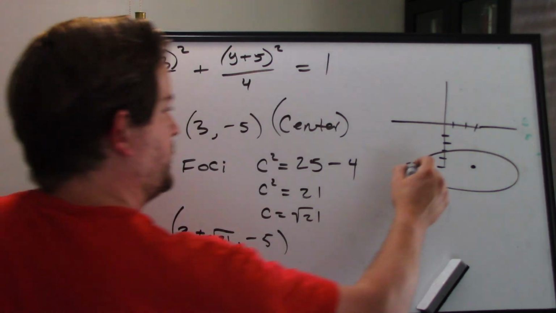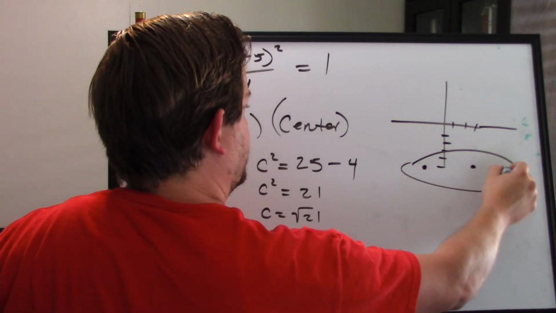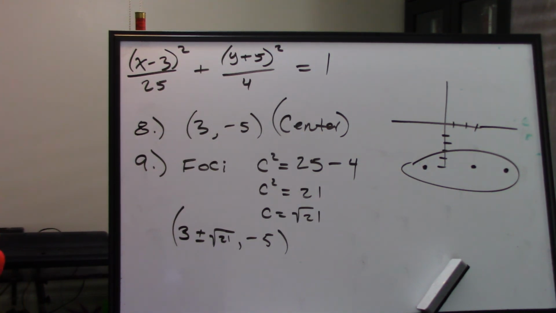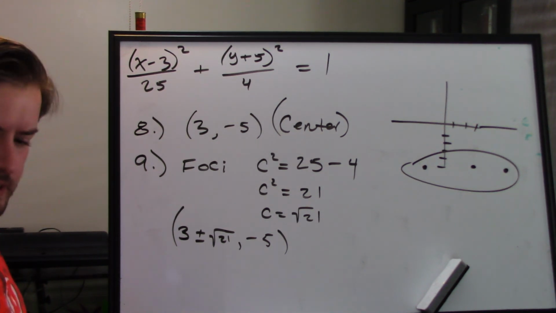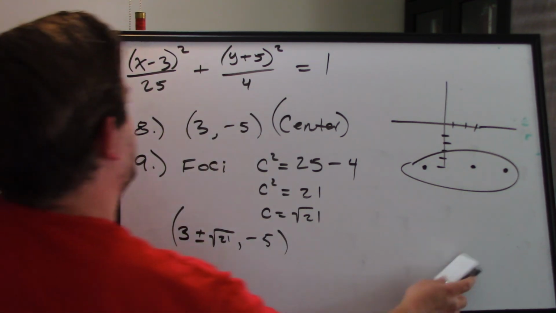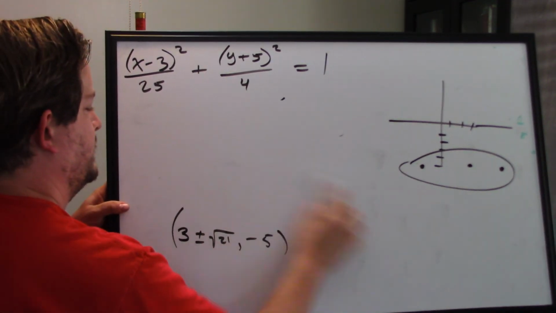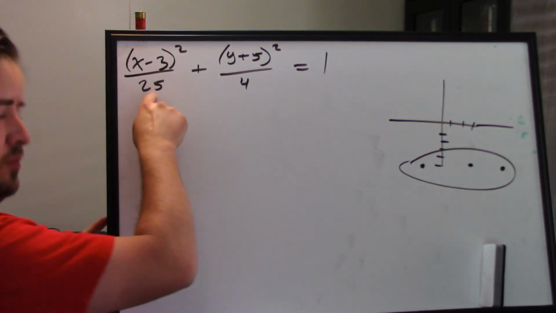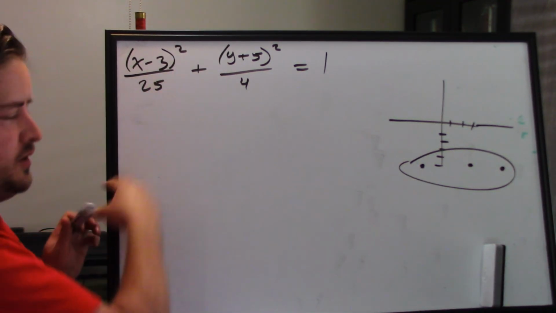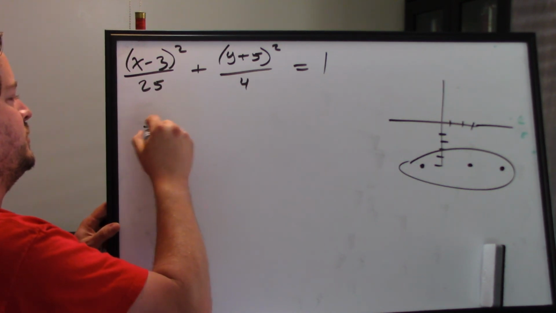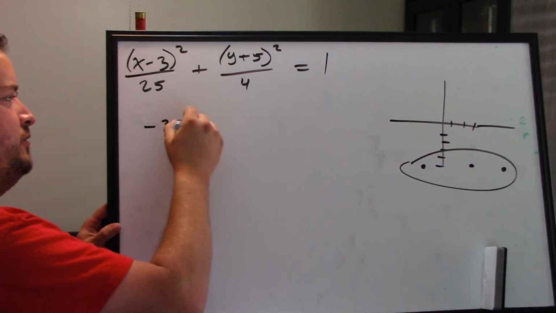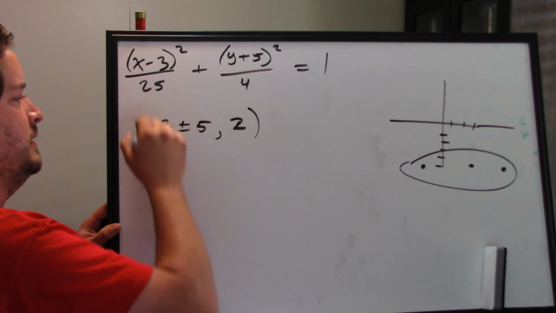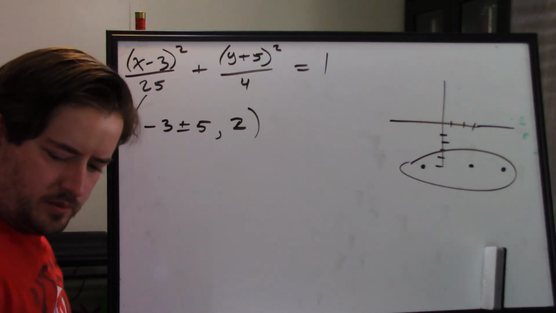Right? And those are somewhere in here, somewhere. Whereas number 10 says where are the vertices, and those vertices happen at the center, but moved a, left and right. So that center was 3, but I'm going to add 5, and I'm going to subtract 5, and leave my y, oops, that's the wrong number.